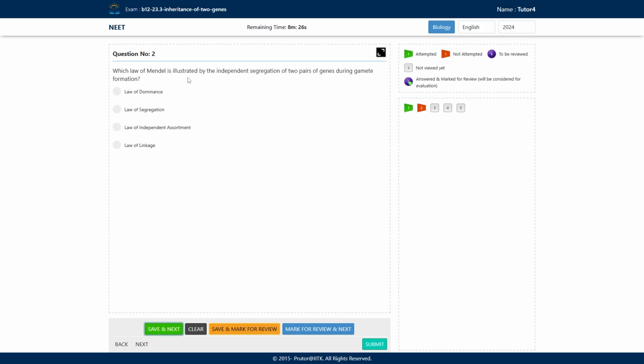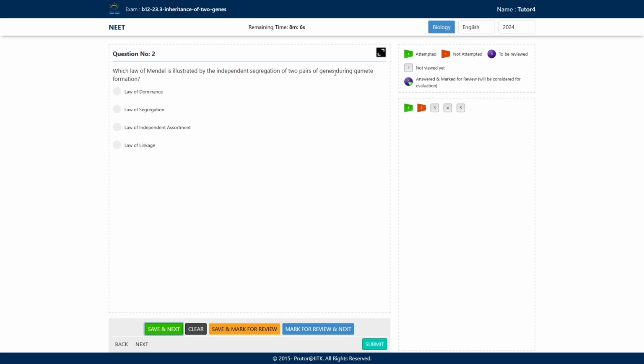Next question, which law of Mendel is illustrated by the independent segregation of 2 pairs of genes during the gamete formation? So when the genes assort independently, or when there is independent segregation of 2 pairs of genes.